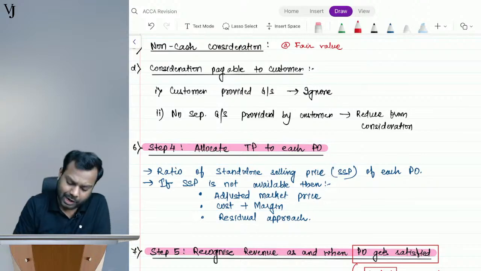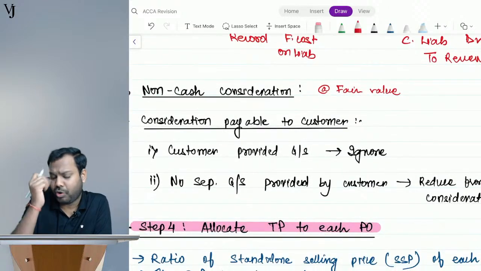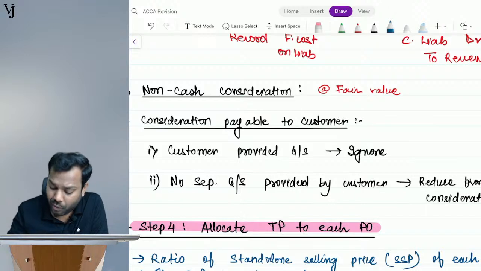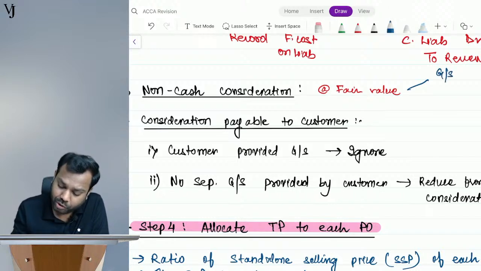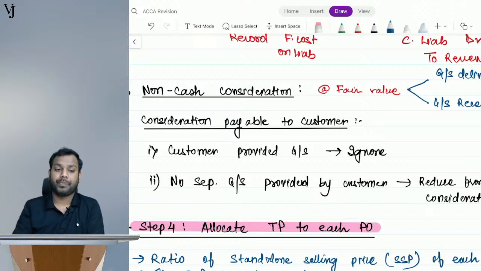My students used to say that sir, we will record it at fair value, but the question is fair value of what? The goods or services that you have delivered to the customer, or the goods or services that you have received from your customer as a non-cash consideration?